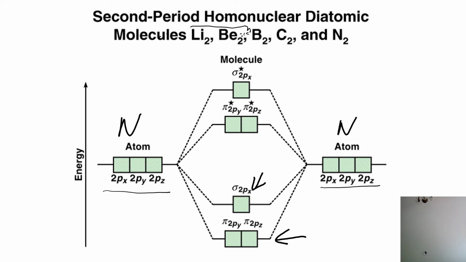You'll note that the sigma 2px has higher energy than the pi 2py, 2pz. You're not going to be responsible for this, because it will change when we get to oxygen or diatomic fluorine. If need be, you will be given the proper orientation of these orbitals. But they too have their corresponding antibonding orbitals up here at the top.